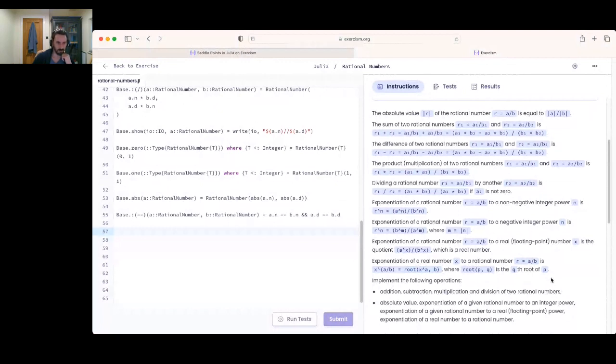Okay, so we can do roots through the power of 1 over something. Something to the power of 1 over 2 is the square root, and something to the power of 1 over 3 is the cube root. So we can use that to sort of fudge our way through that one. So base.exponent, nope, that, thank you. A is going to be a real, B is going to be a rational number.